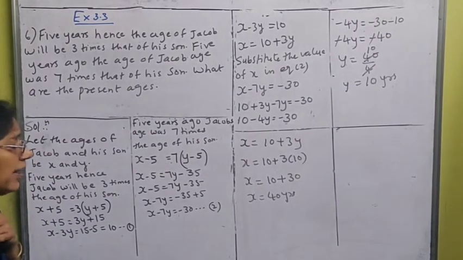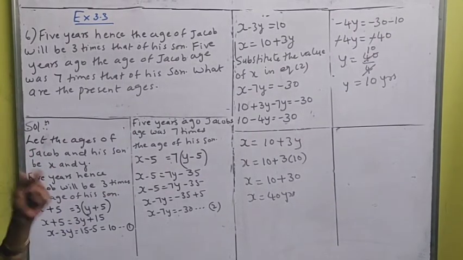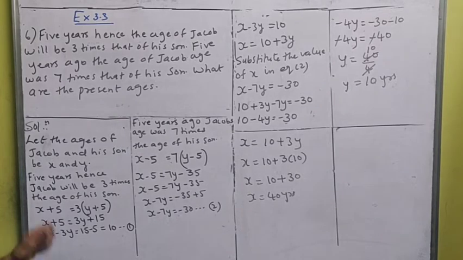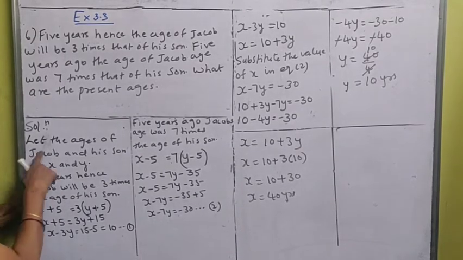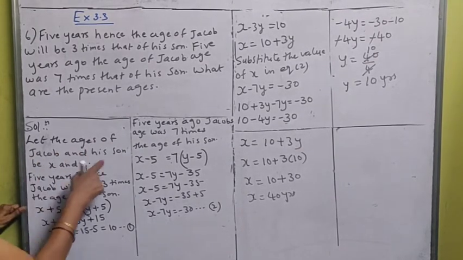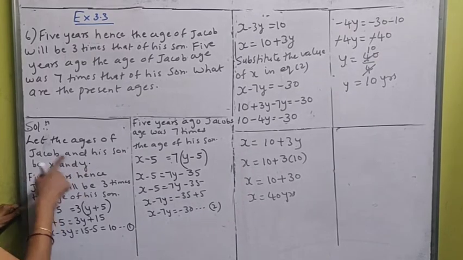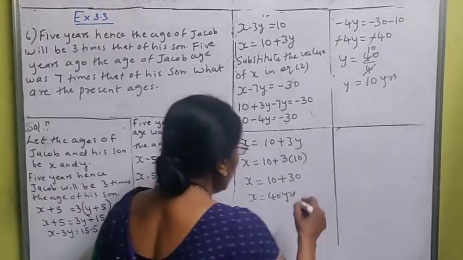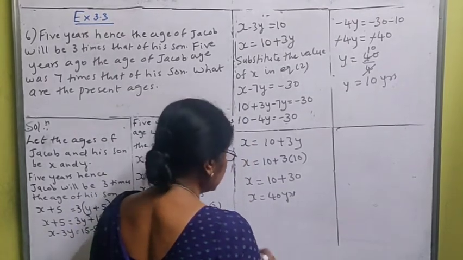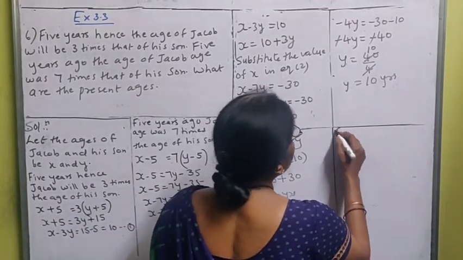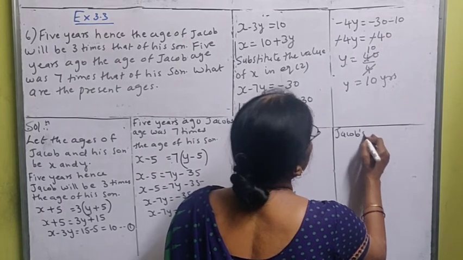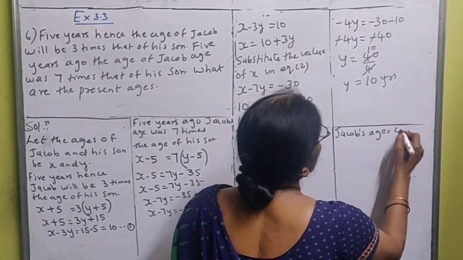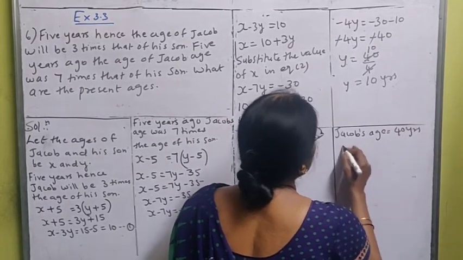Whose age is 40 years and whose age is 10 years? Let us see. Suppose the ages of Jacob and his son be x and y. Jacob's age is x and son's age is y. So what is the final answer? You can write that Jacob's age is equal to 40 years.